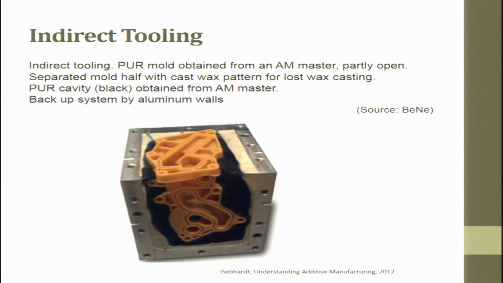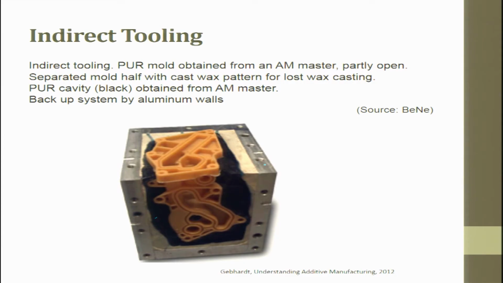Indirect tooling: PUR mold obtained from an additive manufactured master, partly opened, separated mold half with cast wax patterns of the lost wax casting technique is here. So, the cavities which are black are obtained from the AM master, backed up with an aluminum wall.